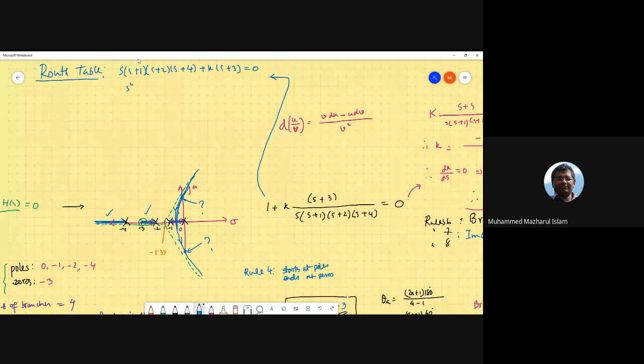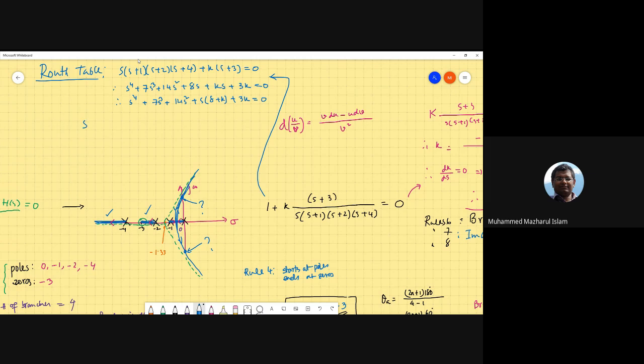We already did this: s to the power 4 plus 7s cube plus 14s square plus 8s plus k into s plus 3k equals 0. If you collect the terms, 14s square plus s into 8 plus k plus 3k equals 0.